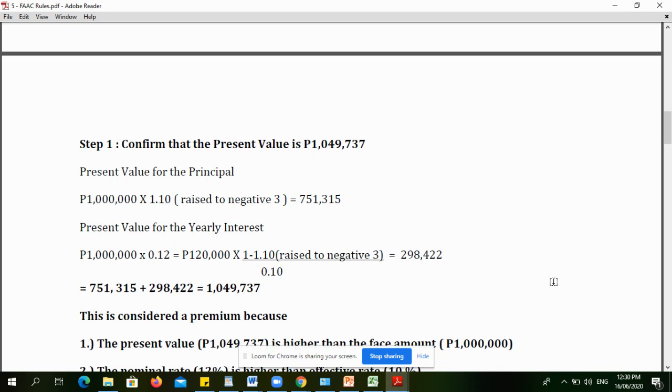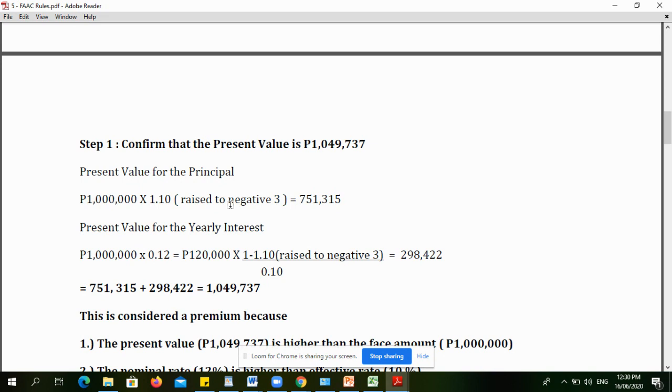So again, we need to compute the present value of the principal, and secondly, the present value of the yearly interest. Let's go first on the present value of the principal.